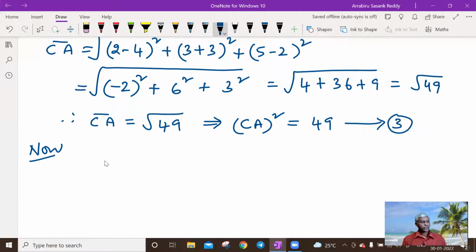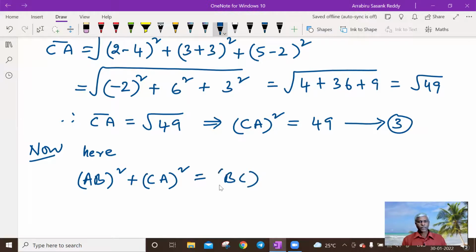So here BC square is equal to AB square plus CA square. So here what we observe: first AB square plus AC square, or CA square, is equal to BC square.